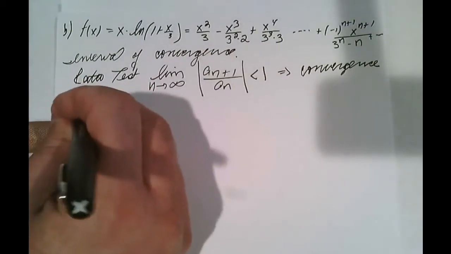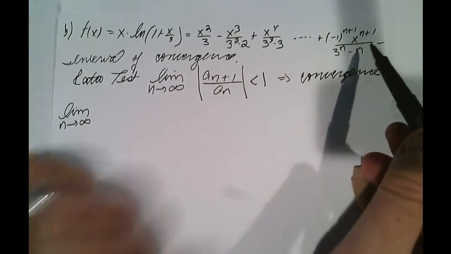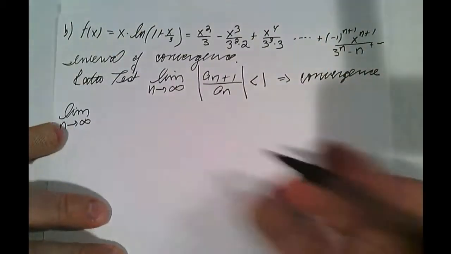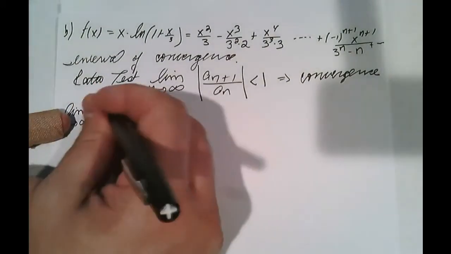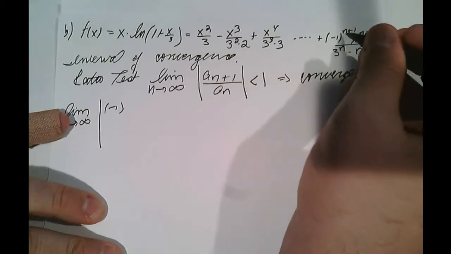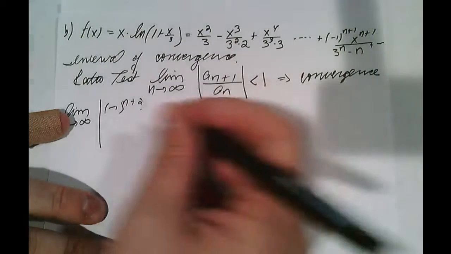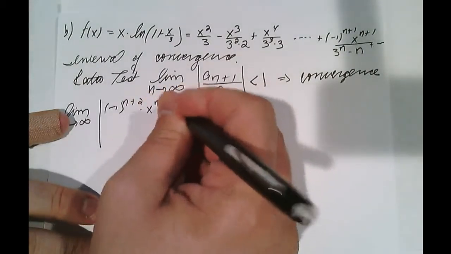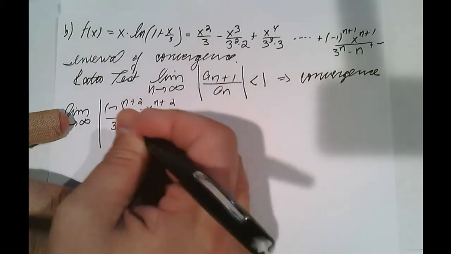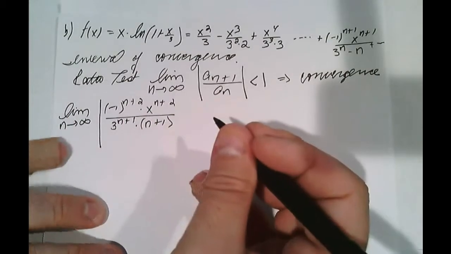So we're going to find the limit as n approaches infinity. I need to build the n plus 1th term, the next term. Well, that is negative 1, replace n with n plus 1, you get n plus 2, x to the n plus 2. Instead of 3 to the n, this is 3 to the n plus 1. Instead of n, you have n plus 1.